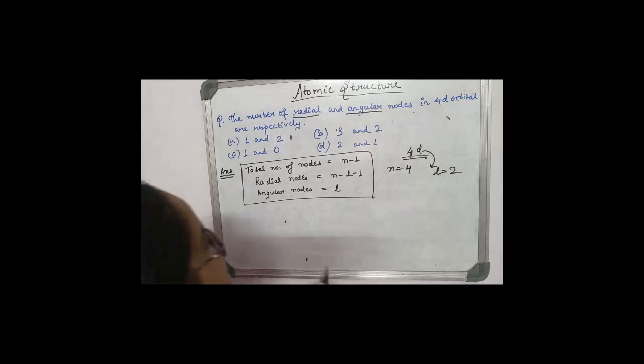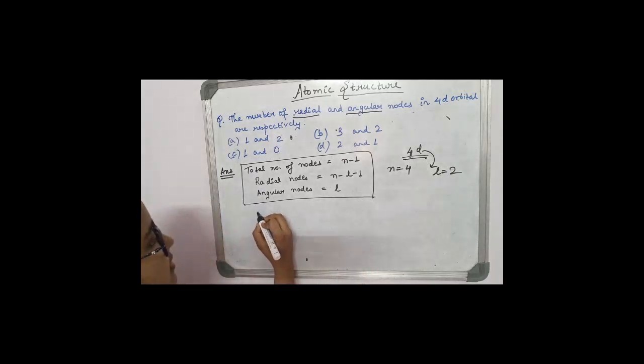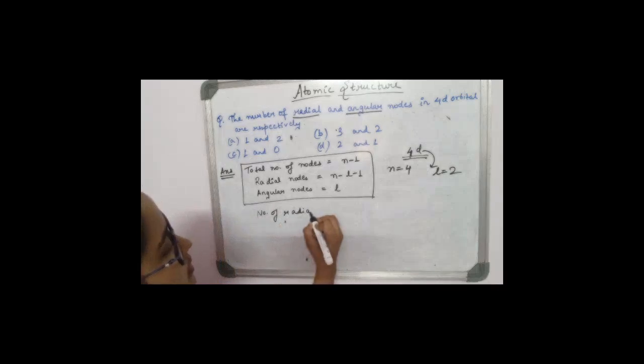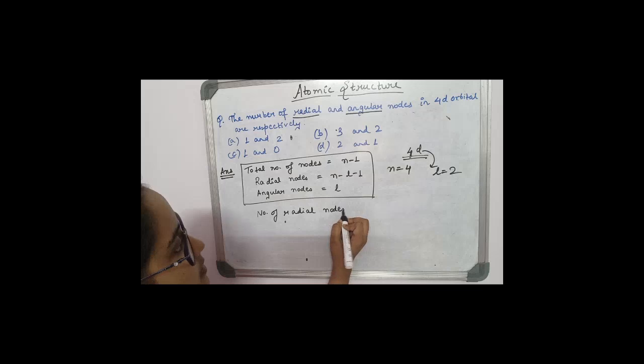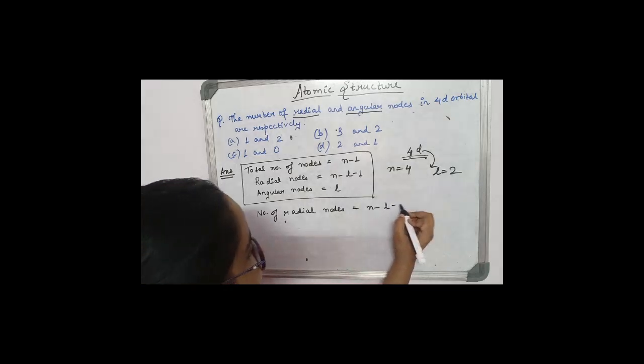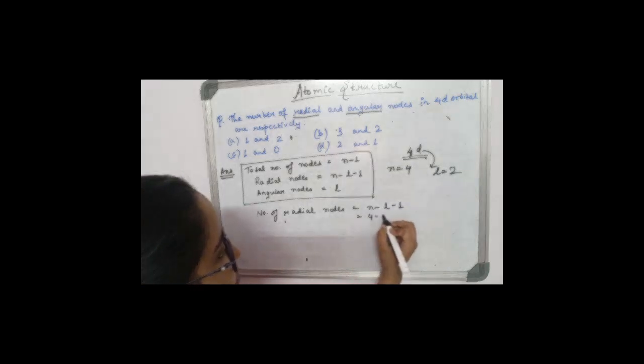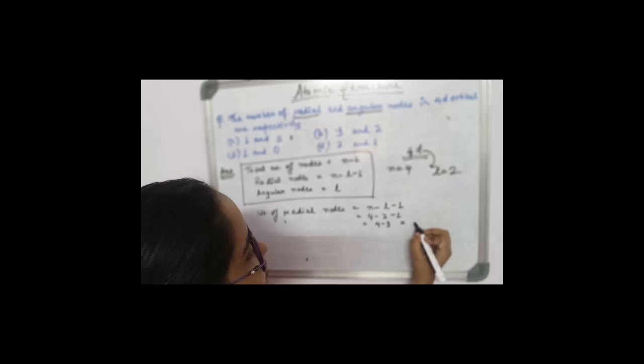So for finding out the number of radial nodes, n minus l minus 1, 4 minus 2 minus 1, 4 minus 3 is equal to 1.